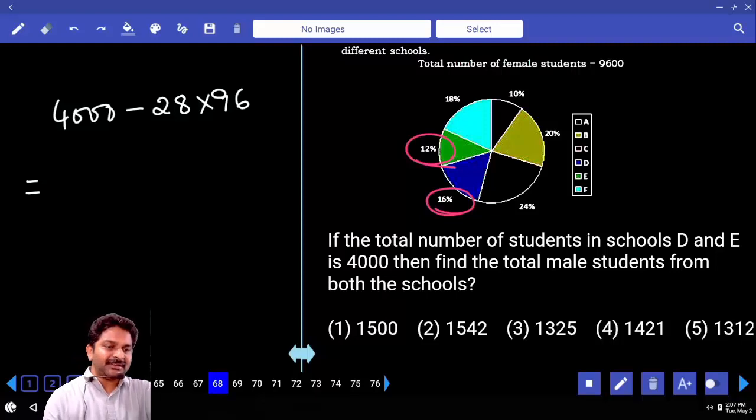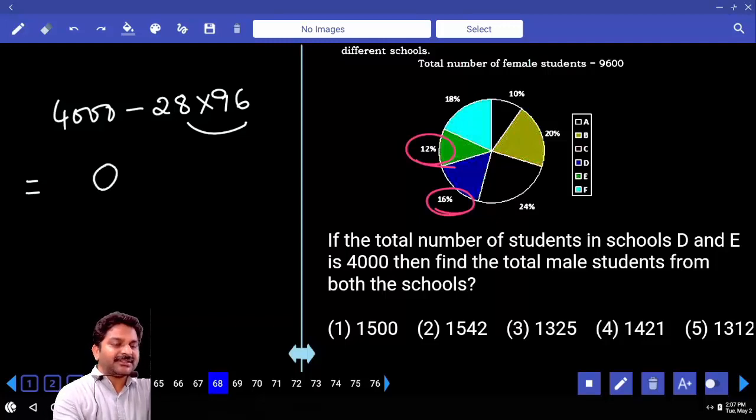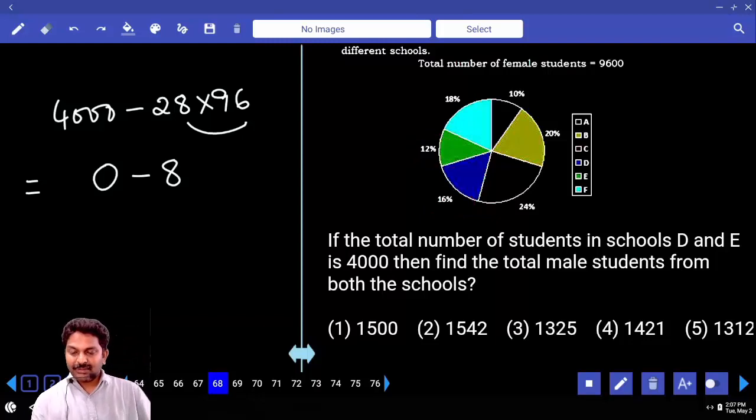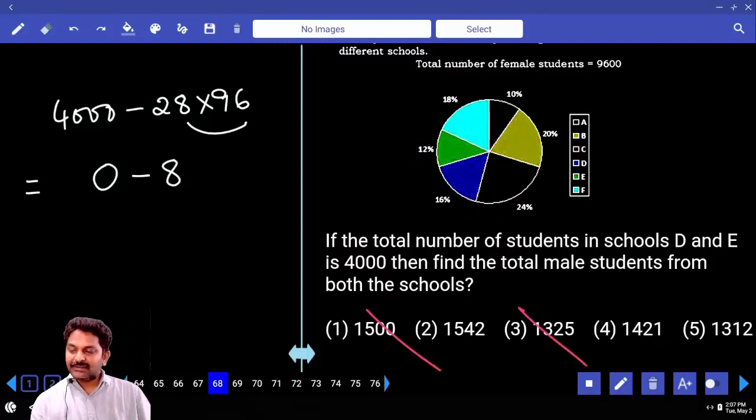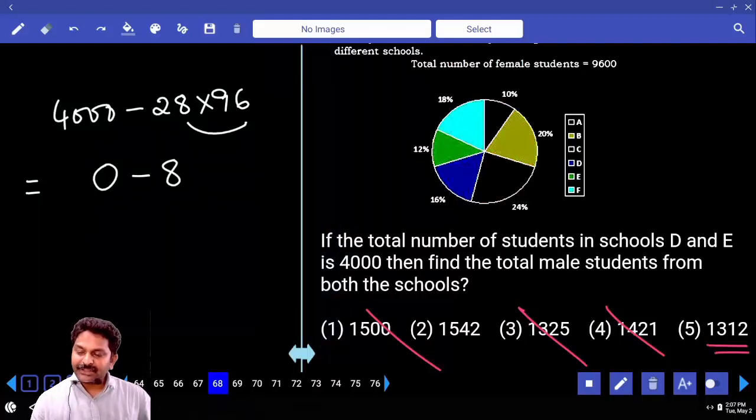Last digit verification. Let's do it. 6 into 8 ends with? First number ends with? Other number ends with? Answer ends with? First, third, fourth eliminated. So now, out of these 2 options, fifth option is a 3 multiple.